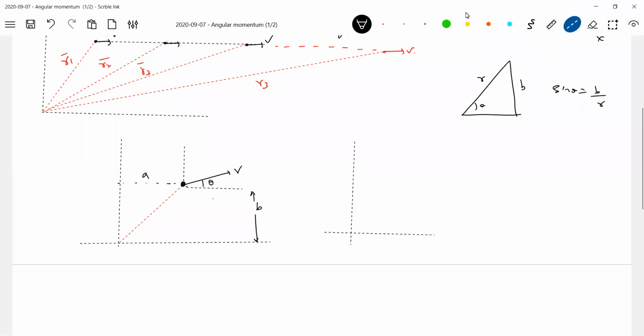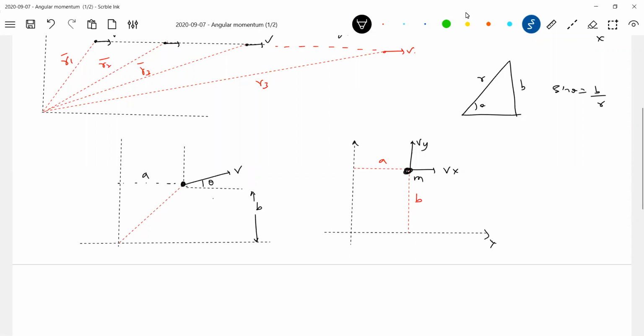Afterwards you should better either take unit vectors or resolve the velocity itself. So if I resolve one velocity, I'll get vx, and this is vy. What is this distance? So we'll separately calculate how much angular momentum is due to the x component and how much due to the y component. I think that problem will be solved.